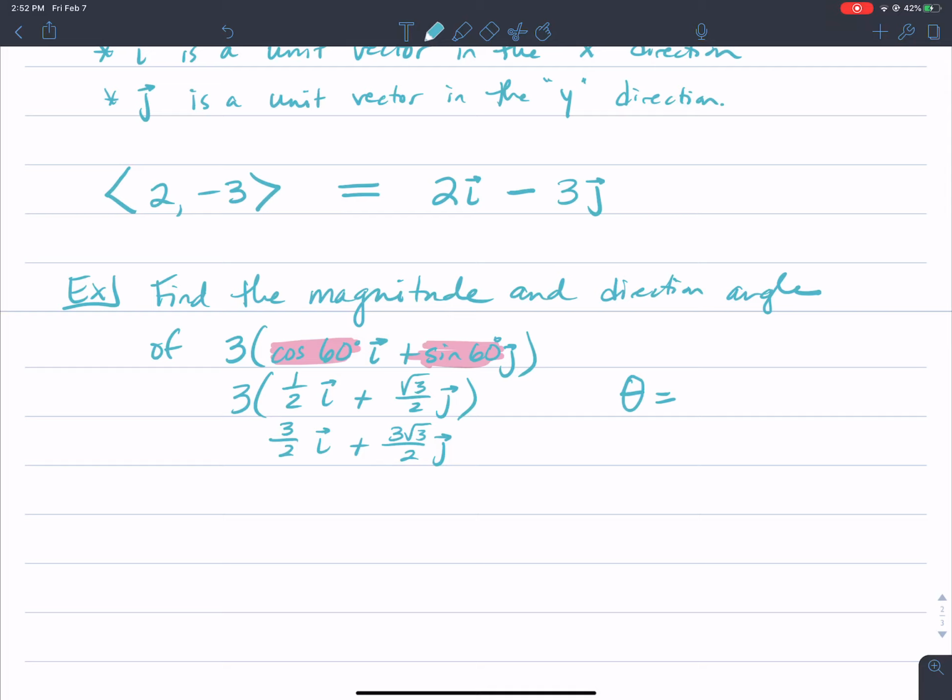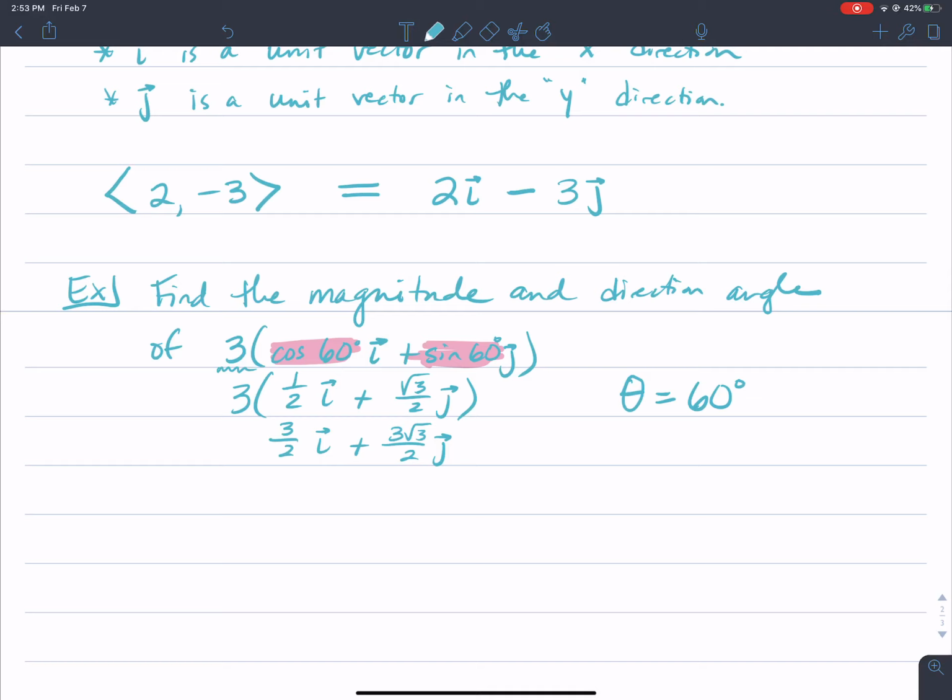Do y'all see that there was an angle given in there? So your angle's 60. The 3 out in front is just telling you that everything is 3 times as big as what's in the parentheses. So that doesn't really affect your direction angle at all.